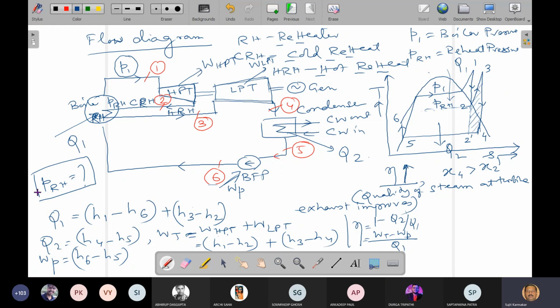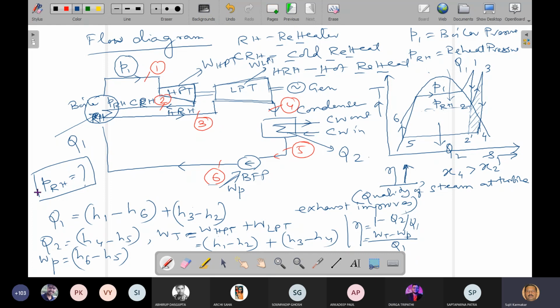No, not that way. Any other opinion? 20 to 30% of it. Yes, somewhere, the 20 to 30% of the boiler pressure. Not exactly, it is coming to nearly 25%. Okay, 20 to 25%.